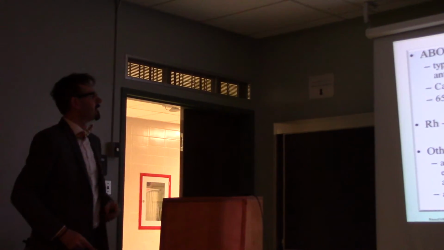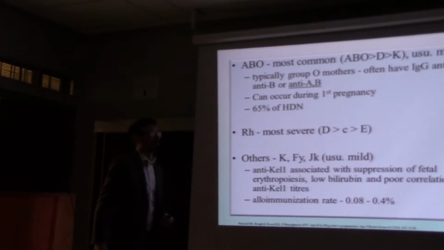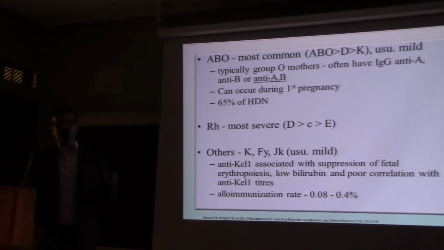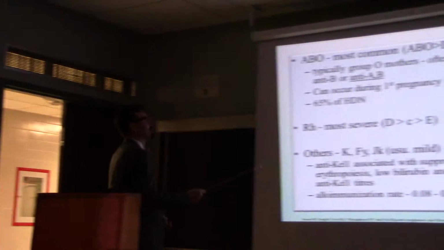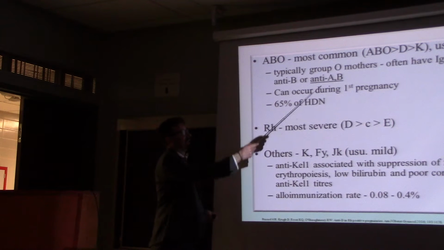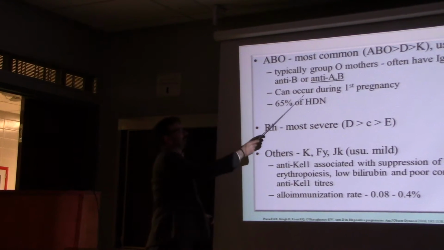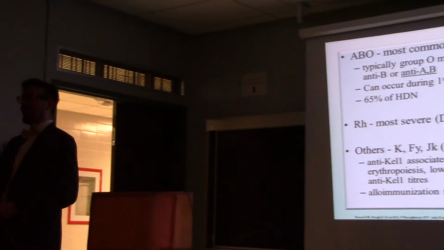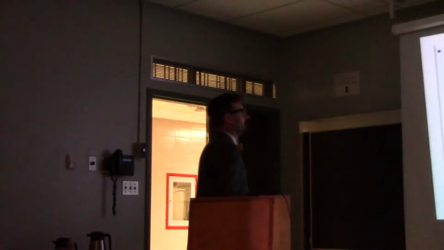Etiology. ABO is the most common cause of HDN. Of those, the most common antibody is anti-A,B, which is IgG, but you're going to have also anti-B and anti-A. And unlike the Rh, it can happen in the first pregnancy because early on in life, you're exposed to A or B through gut flora, and you produce antibodies early on.